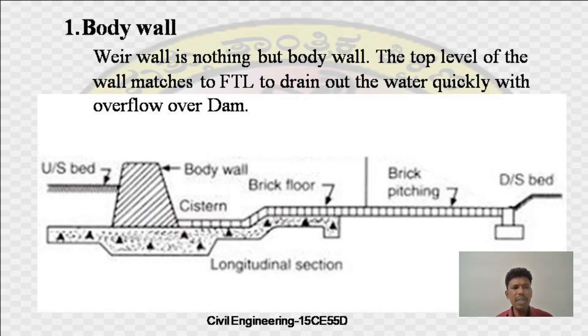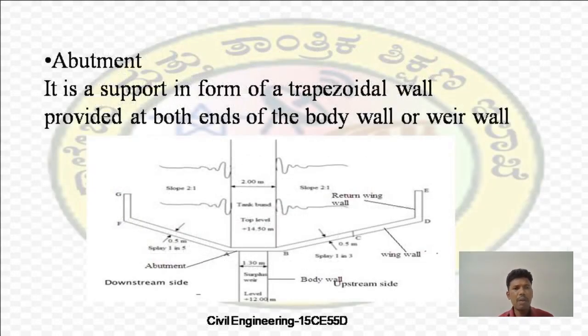Weir wall is nothing but body wall. The top level of the wall matches the FTL to drain out the water quickly, to avoid overflow over the dam. Over the weir we allow the quick escape of water by providing the weir.